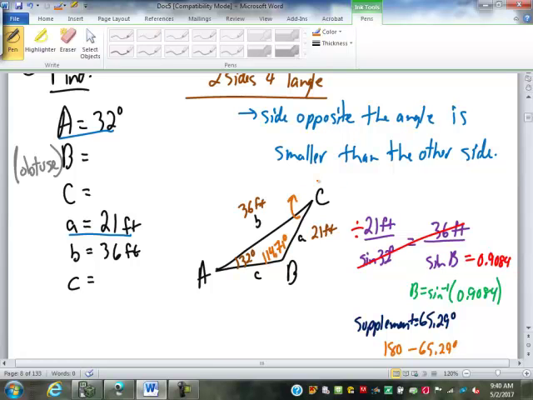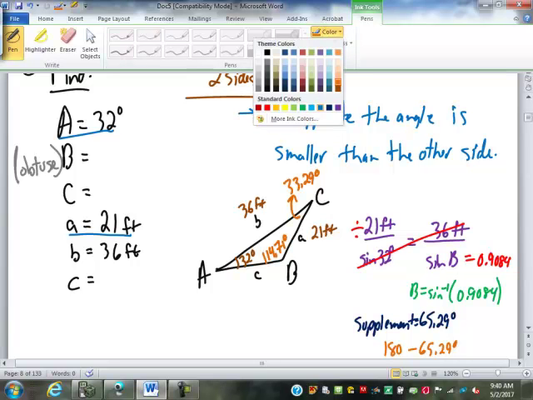I should have made my triangle bigger. Makes angle C up there 33.29 degrees. Correct? How did I get angle C? Yeah, I added them up and subtracted from 180. 180 minus the 32 and the 114.71 leaves me with 33.29.